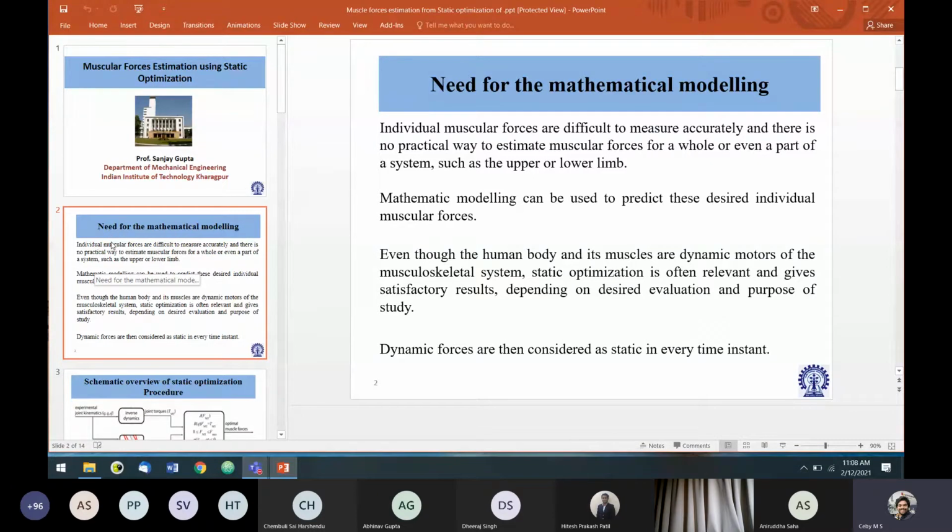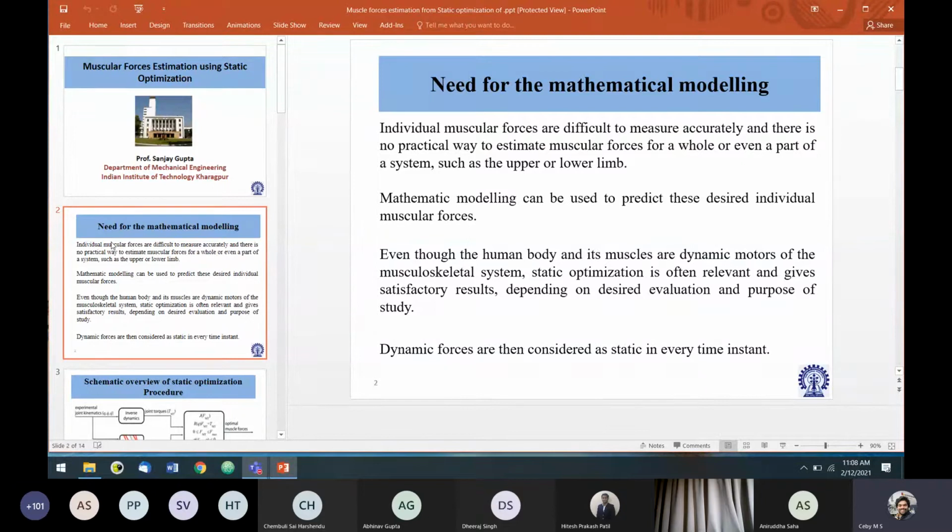So let's start our discussion on static optimization. As we know, how do we find the muscle forces? Considering the static equilibrium, we use the equilibrium equations to find the muscle forces. We use the moment about a joint center, and we use the force equilibrium equations.